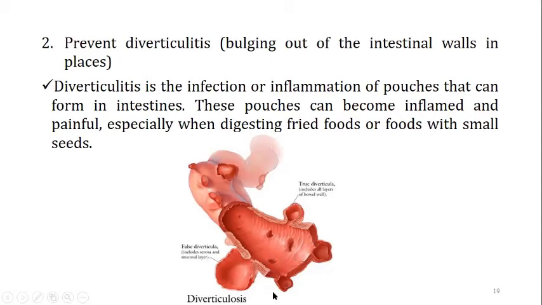And if the diverticula become inflamed and infected, causing more severe symptoms, it is called diverticulitis. The fiber is basically required to prevent diverticulitis. Okay, then it's another major health benefit of dietary fiber, prevention of diverticulitis.